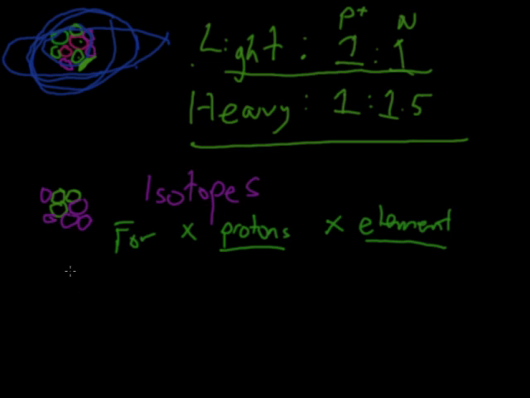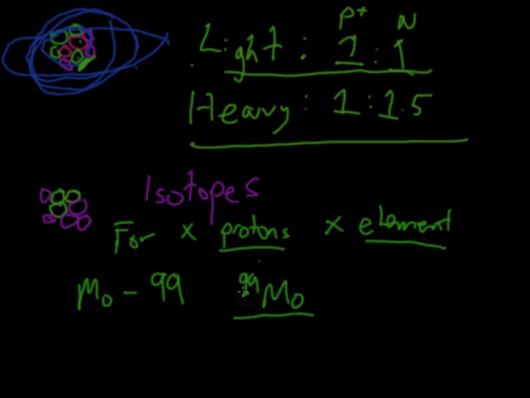So when we're describing things in nuclear chemistry, we're always going to refer to what isotope it is. So you might see something like molybdenum 99 or Mo-99 up here. So it's in this part of chemistry that we're going to start referring to the atomic weight of the element in question. So let's look at some simple examples of isotopes and what the nomenclature means. Okay, so the most standard isotope of hydrogen is hydrogen 1.